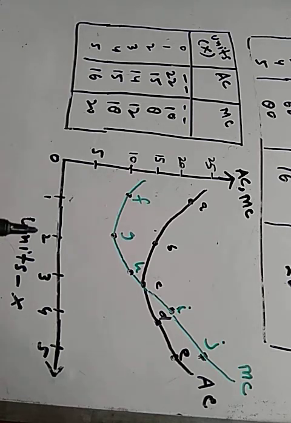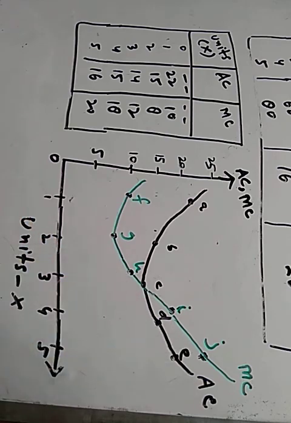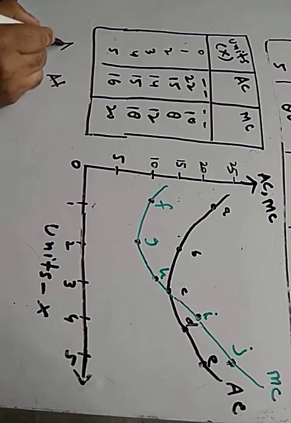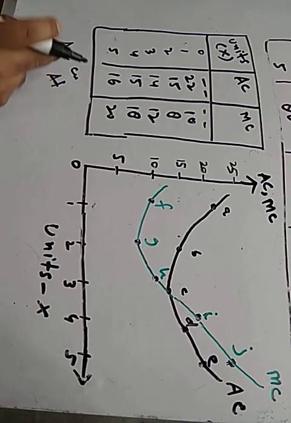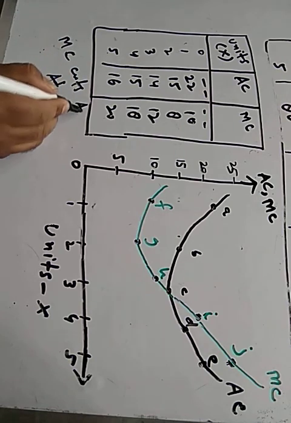The important point I will tell you is that when we study the relationship between average cost and marginal cost, the marginal cost curve cuts the average cost curve at the minimum point. At the minimum point of the average cost curve, the marginal cost curve cuts the average cost curve.